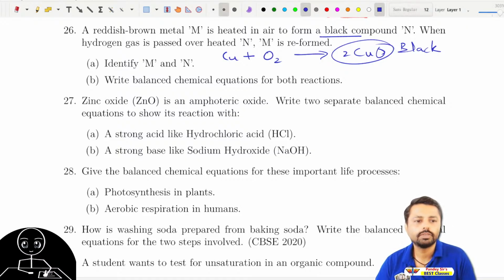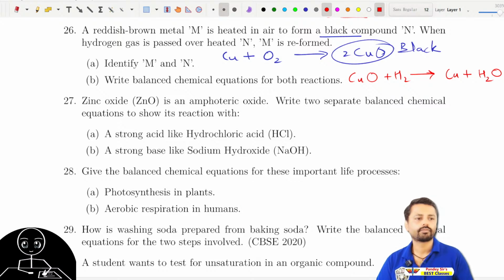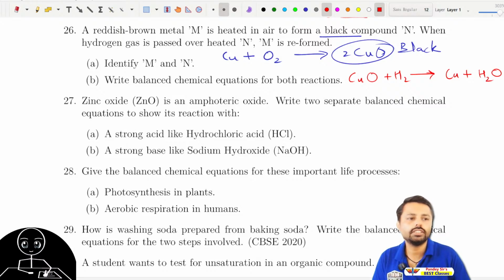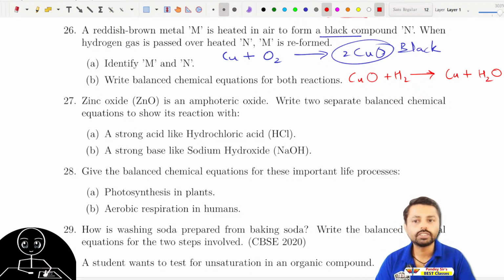So that reaction will be CuO plus H2 gives you Cu plus H2O. Write balanced chemical equations for both reactions. You must practice it.